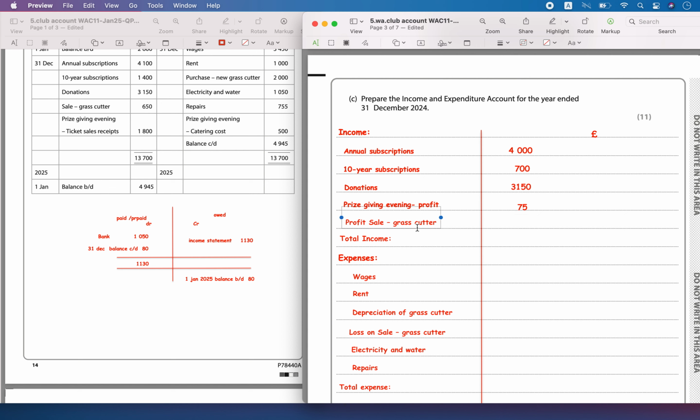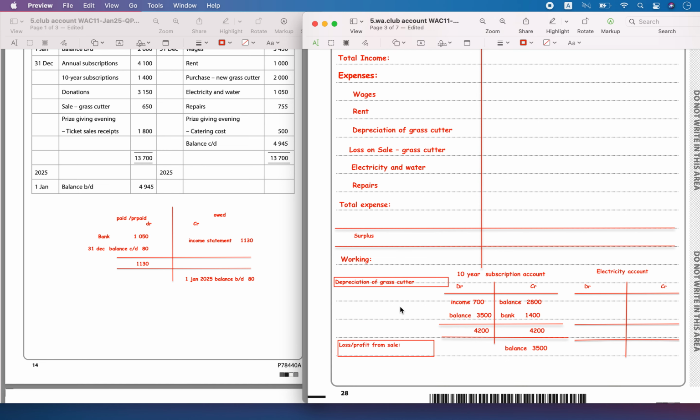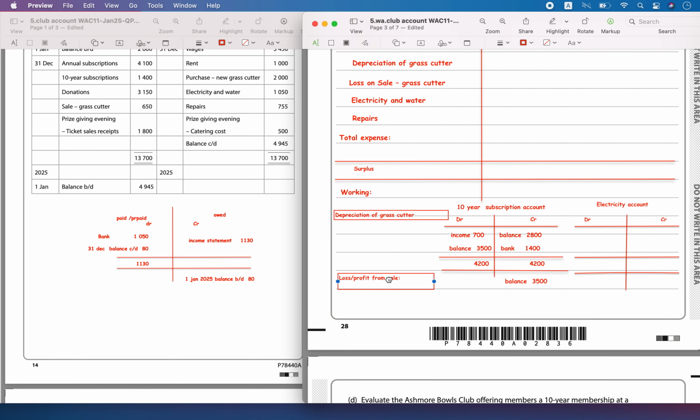And then the grass cutter was sold for 650. In the bank we would have got 650.